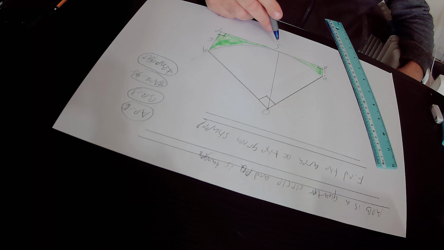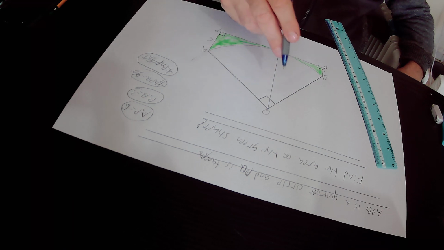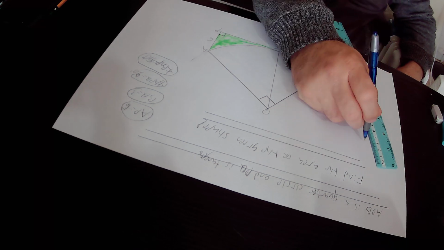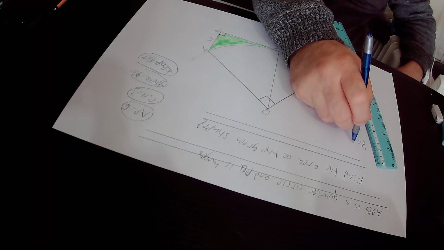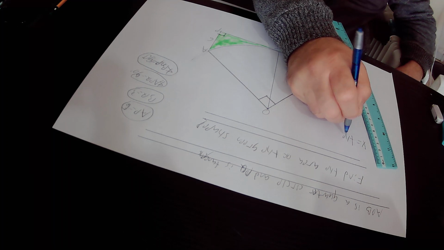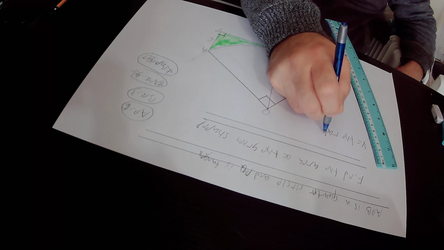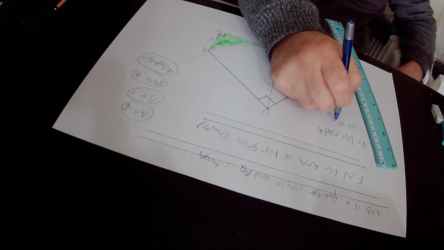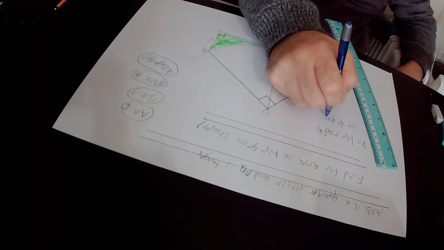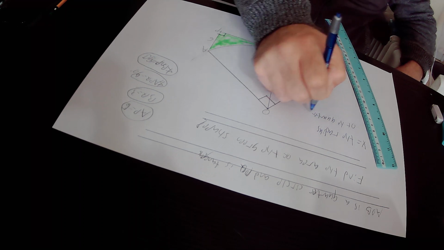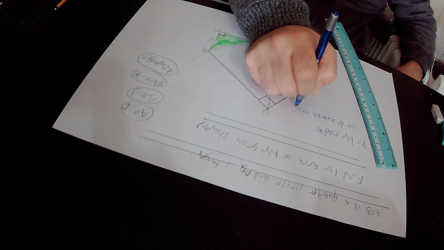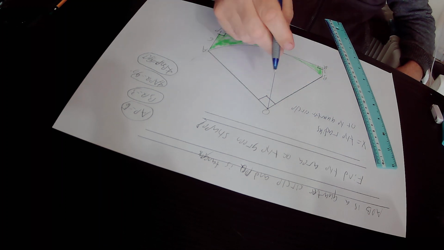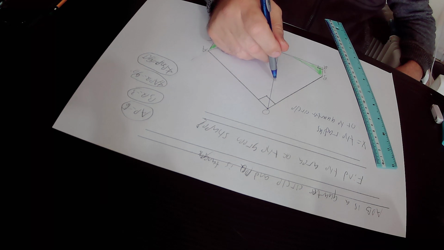Point S is a point on the quarter circle itself. Therefore OS is the radius of this quarter circle. We will define the radius of the quarter circle as X. So OS equals X, it is the radius of the quarter circle.